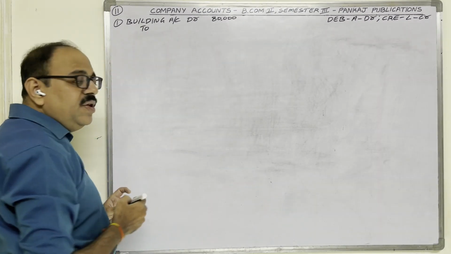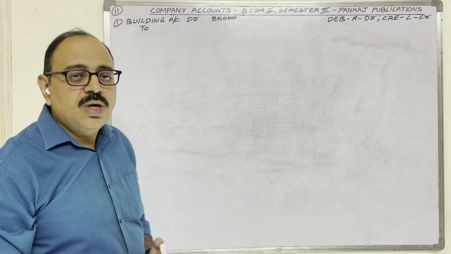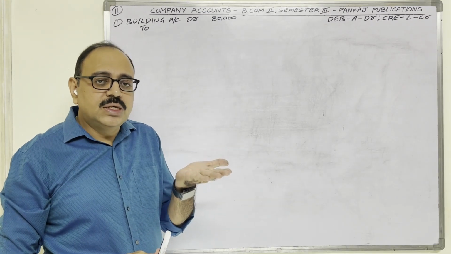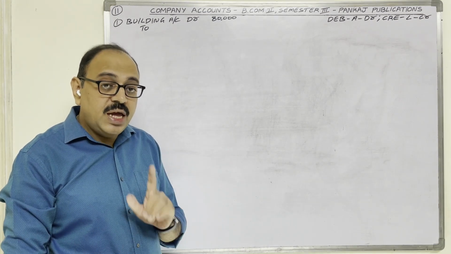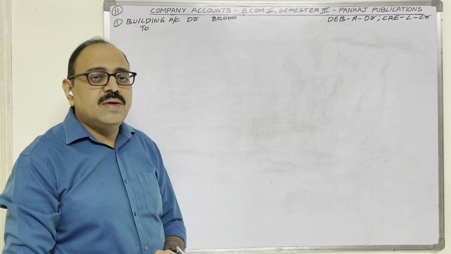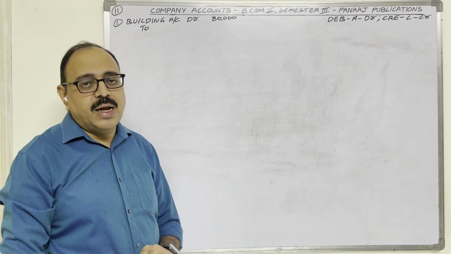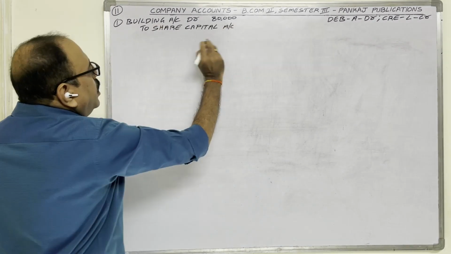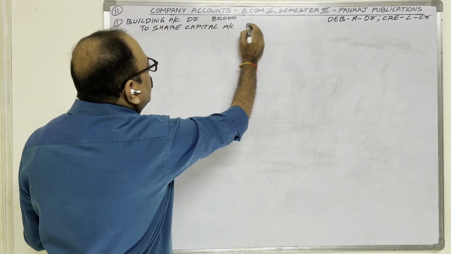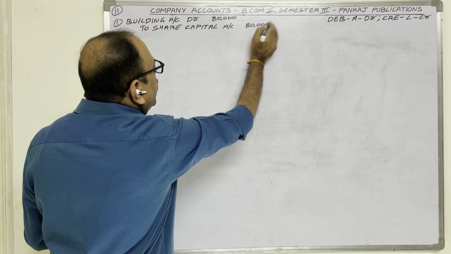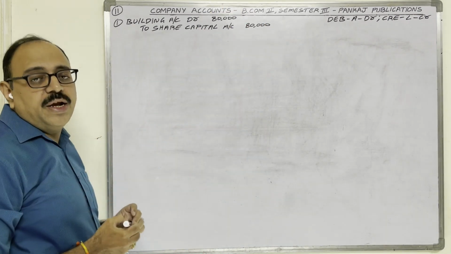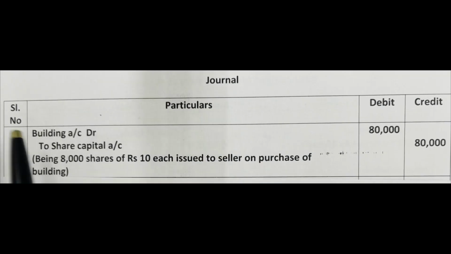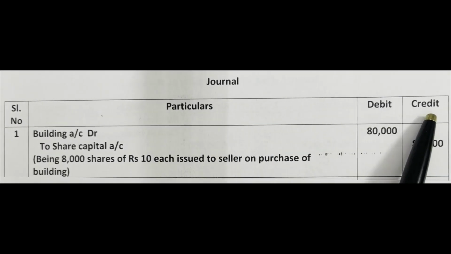In return, the company is issuing shares, no? So share capital increases by 80,000 rupees. Share capital is a liability. A liability shows a credit balance. Therefore, we have to credit the share capital account. 80,000 worth of shares are issued, so capital is increased by 80,000. Therefore, credit 80,000 rupees.